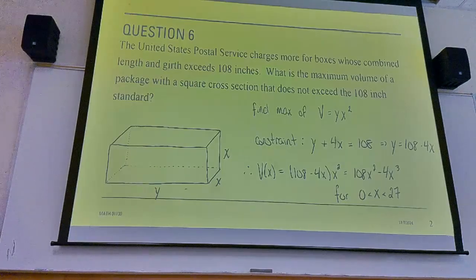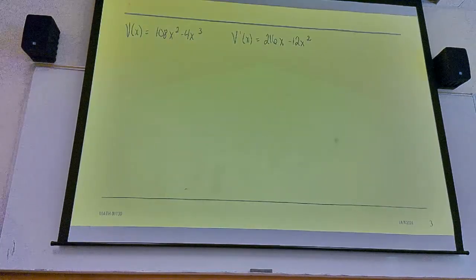Yeah, because y also can't be 0. So if y is 0, 4 times x would have to be 108. Then 108 divided by 4 is 27. So anywhere that is undefined, set equal to 0 and solve.